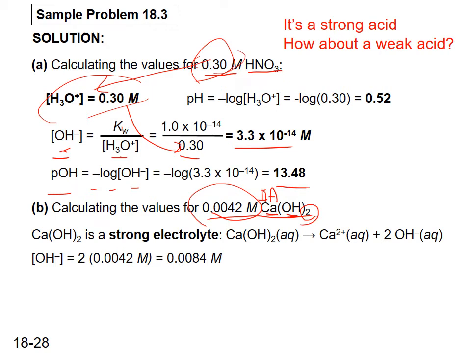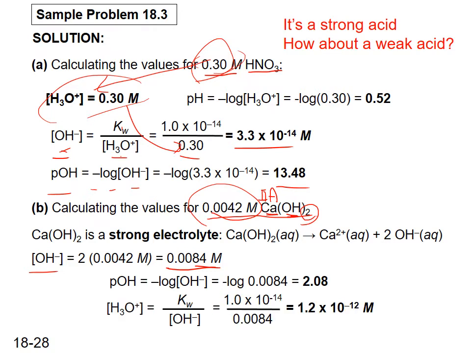And therefore the hydroxide concentration is 0.0084. With hydroxide, you can calculate pOH. Okay, how do you calculate pH? You need to know the hydrogen ion, and the hydrogen ion hydroxide ion product is Kw. So from this, you calculate hydrogen ion, and finally you calculate pH.